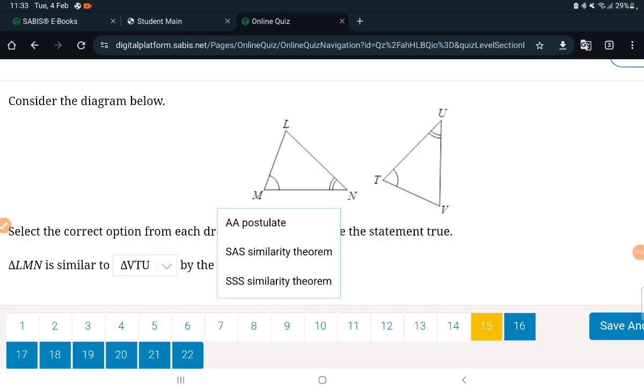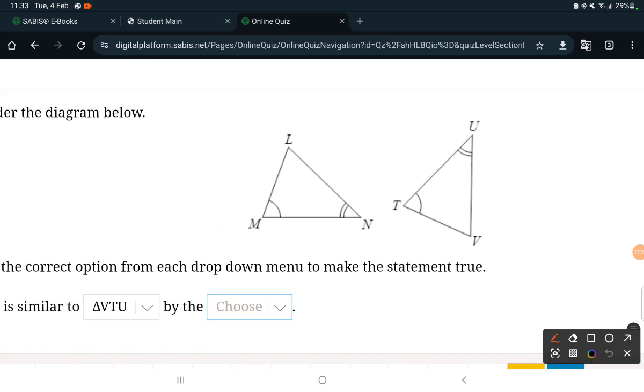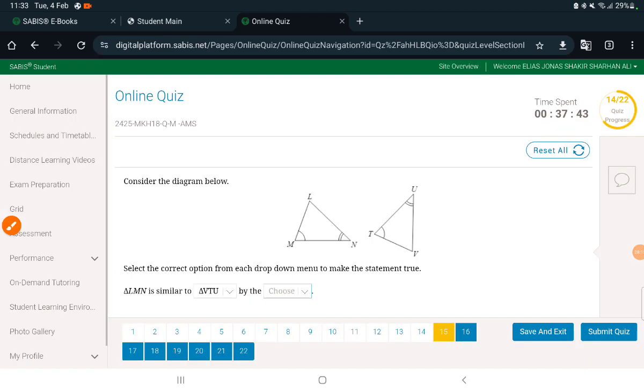Now they're asking for the theorem or postulate. Okay, so look over here. Since they have drawn 2 angles, these 2 lines are basically 2 angles, that is the AA postulate. When 2 triangles have congruent angles, they are similar.